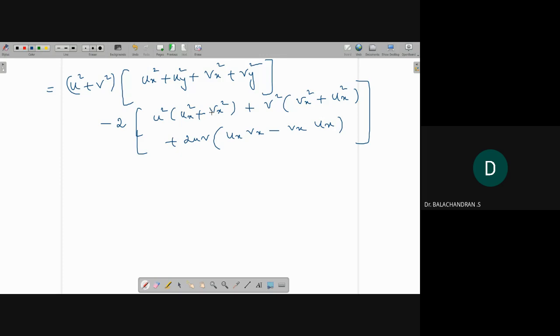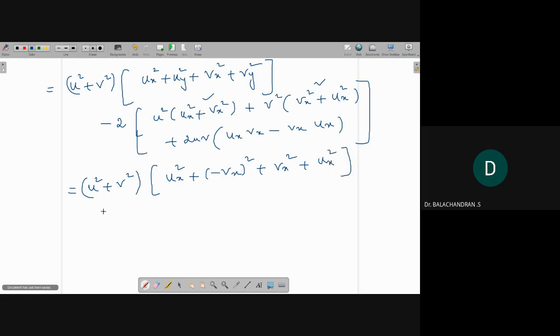That is common. So you take these two common, then you have what? u square plus v square. So which is equal to u square plus v square into ux square plus vx square. Instead of uy you can change to minus vx, minus vx whole square by using the CR equation, plus vx square. Instead of vy you can replace by ux square.